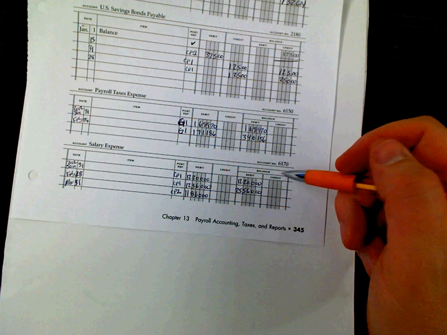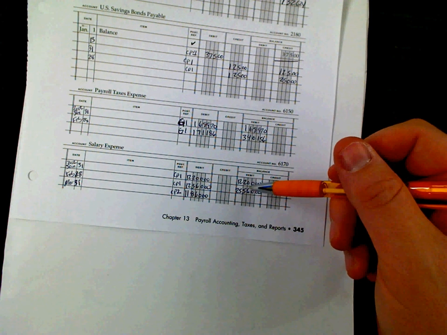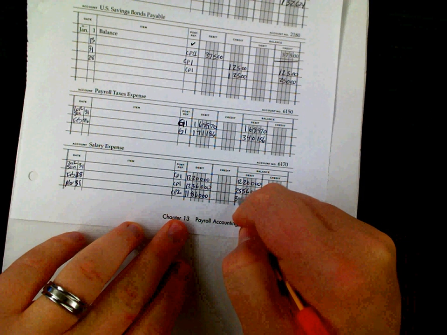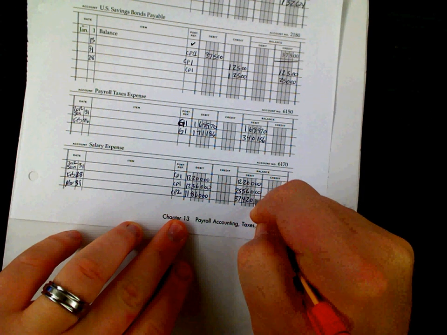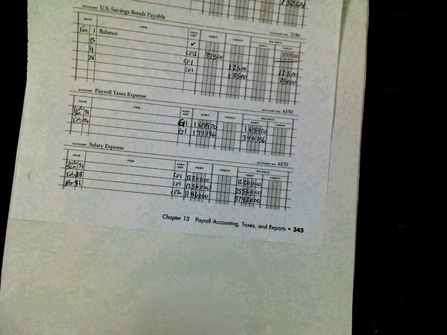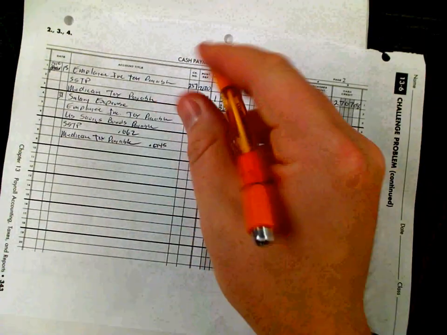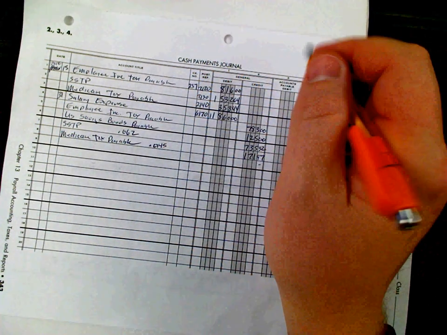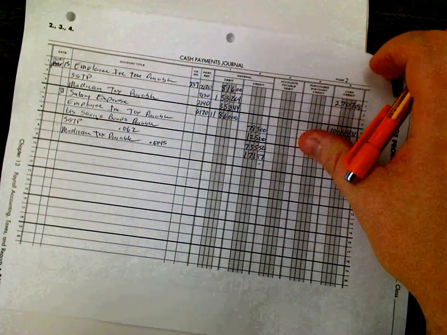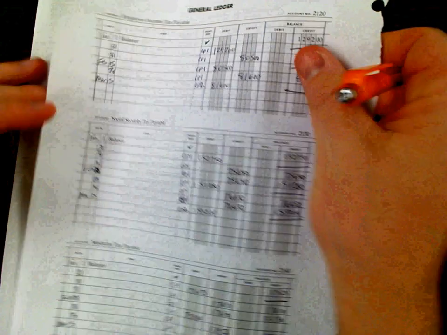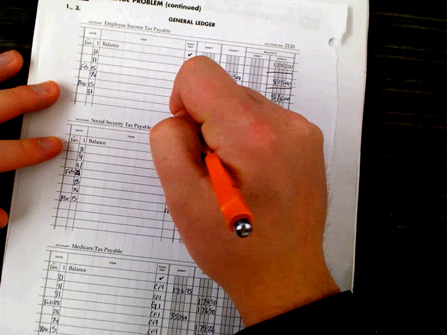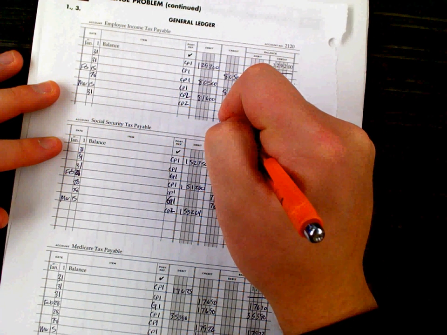Employee income tax payable is $783, March 31st, CP2, $783, gives us a balance of $783, 2120.